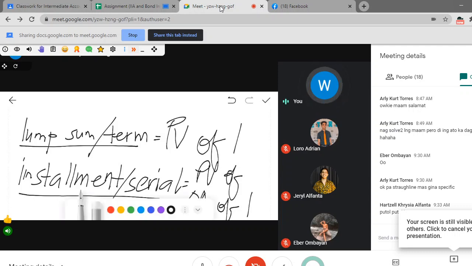Pero, ganun pa rin naman. Pag term or PV of 1, that is less than 1. Pero pag installment serial, PV of ordinary annuity, that is greater than 1. So, I think ito din yung sinabi ko kanina. Less than 1, greater than 1. However, yung formula naman na binigay ko, let me first check.